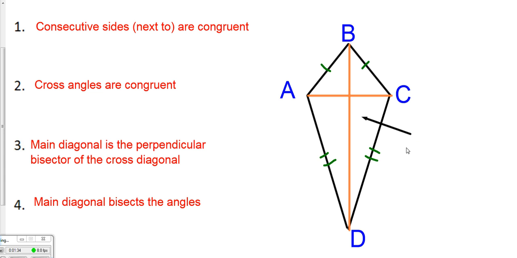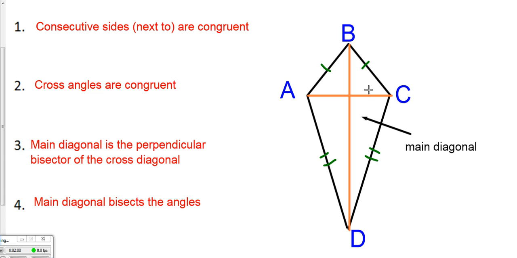The longer one there, we will call the main diagonal. It's the one that cuts right in between. It starts here in between these two same sides, and it ends here between these two same sides. So it's the one that cuts the whole thing exactly in half, called the main diagonal.